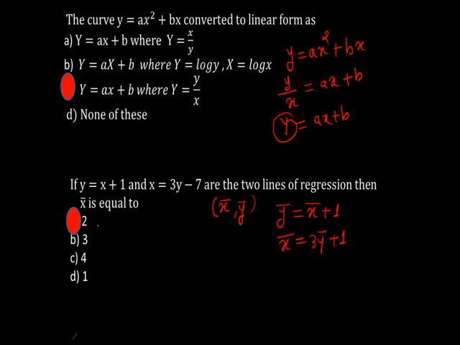Now be careful while choosing the correct answer, because sometimes we should write the equations as x bar minus y bar equal to minus 1, and then x bar minus 3 y bar equal to plus 7, and solve them. Solving this will give you x bar.